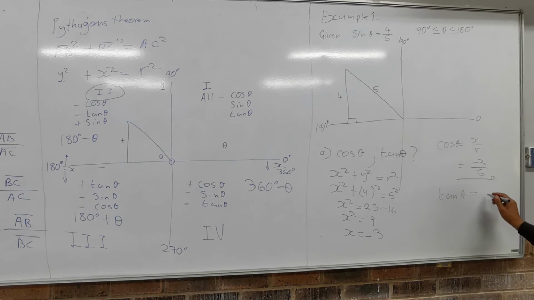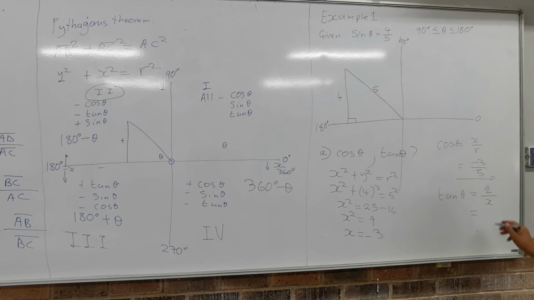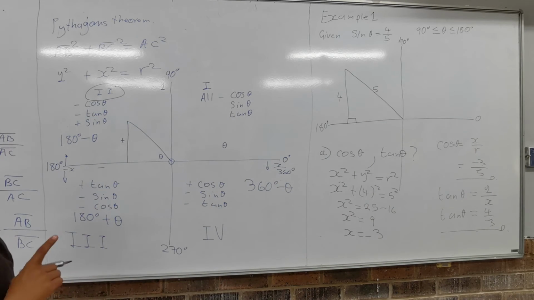Tan theta is equivalent to y over x. What is the value of y? The value of y is 4. What is the value of x? It's minus 3. Therefore, this is tan theta. So, this is how you would go about solving this problem.